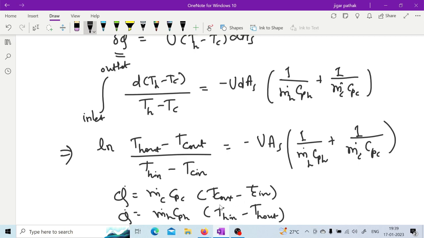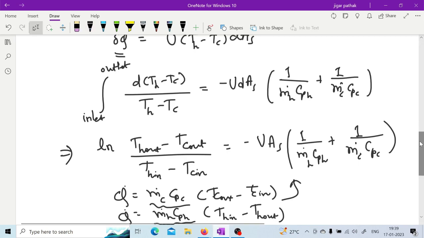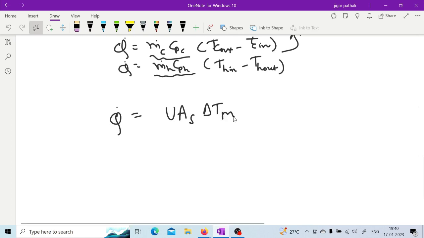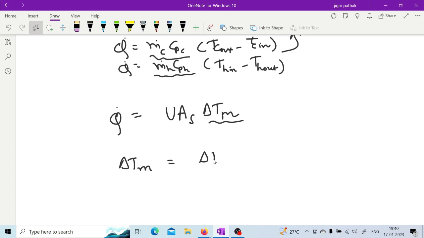You can put the values of mc cpc and mh cph in the above equation, and after simplifying you come to the result that heat transfer is U As delta Tm, where delta Tm is the logarithmic mean temperature difference, LMTD, given by (delta T1 minus delta T2) upon ln(delta T1 divided by delta T2).